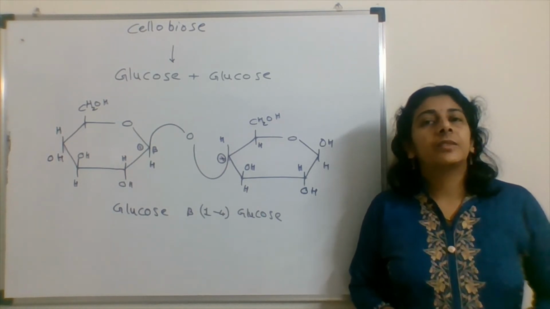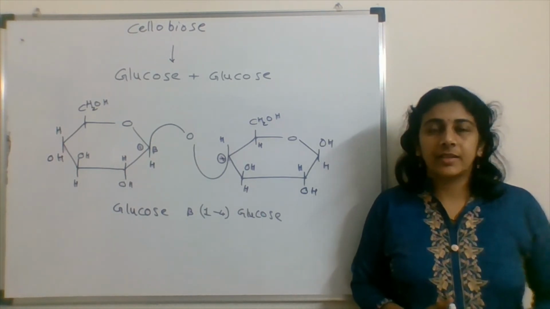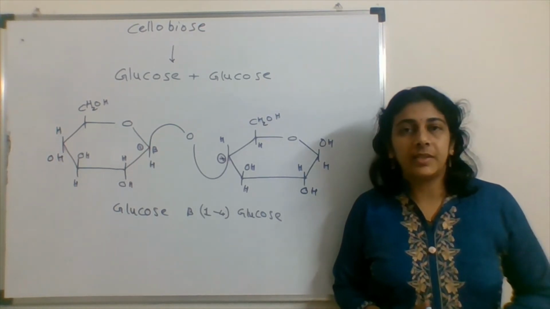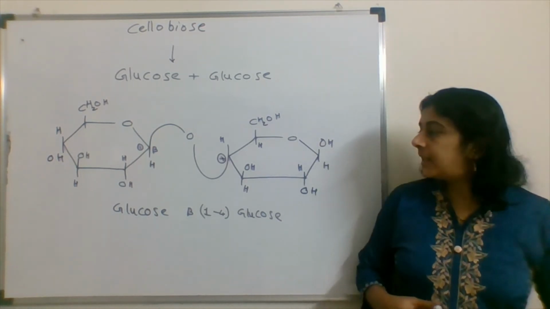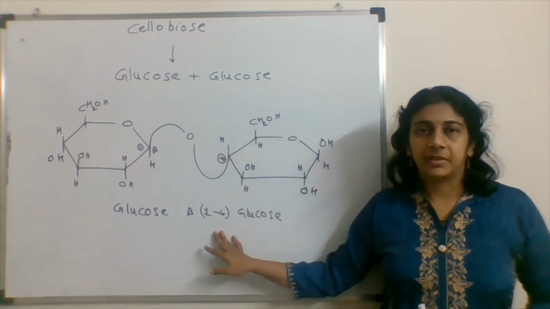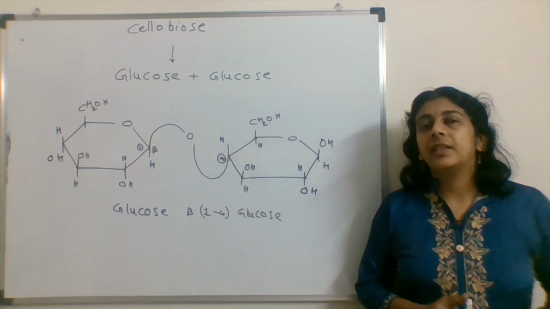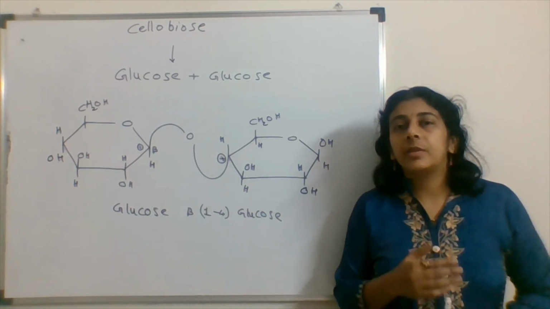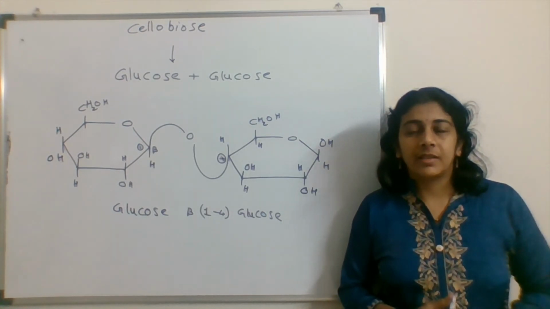Moving further to cellobiose. This is a disaccharide made up of two glucose units. Here the linkage is beta 1,4. Remember that in case of lactose, there was condensation between glucose and galactose.